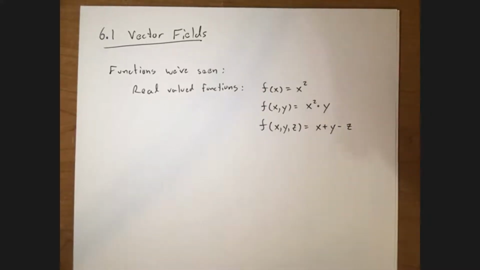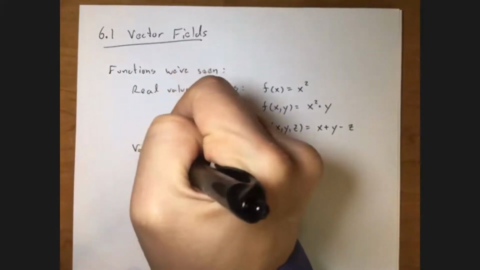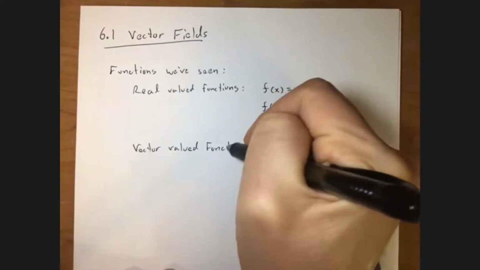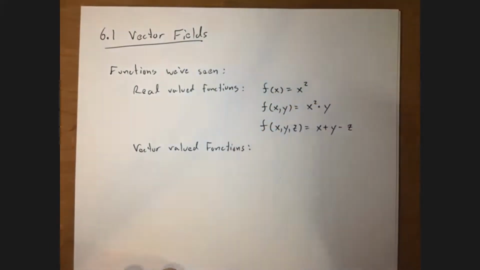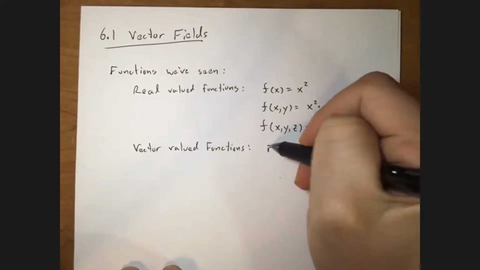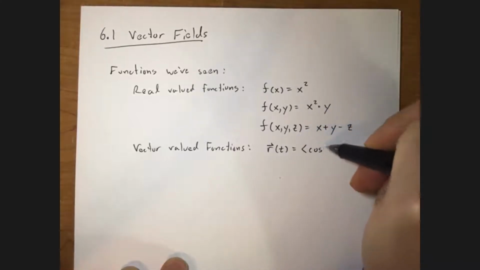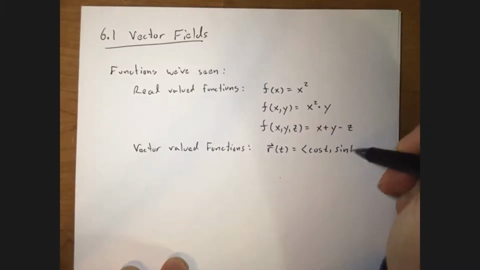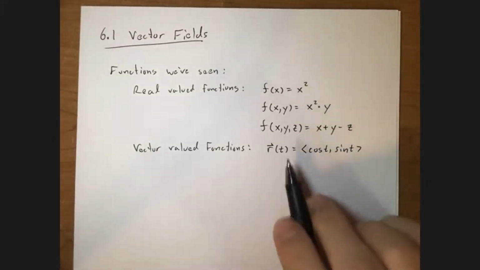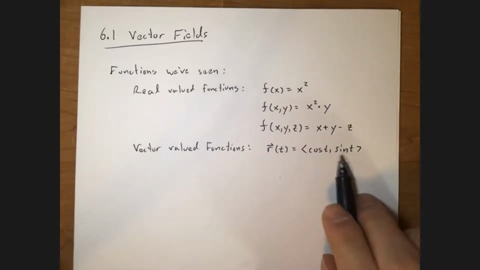We also talked about vector valued functions. And so an example of that would be something like r of t equals cosine t, sine t. That actually defines a circle. So we're inputting a real number and we're getting out a vector.